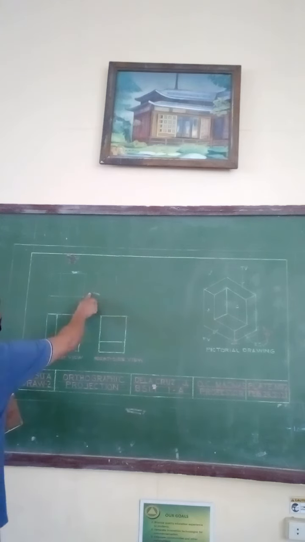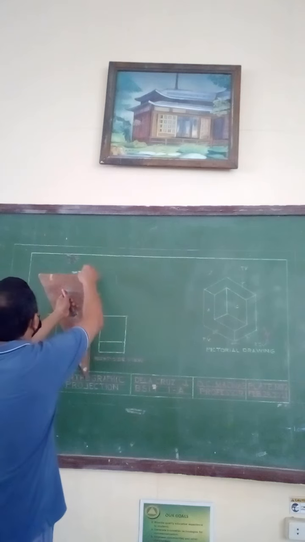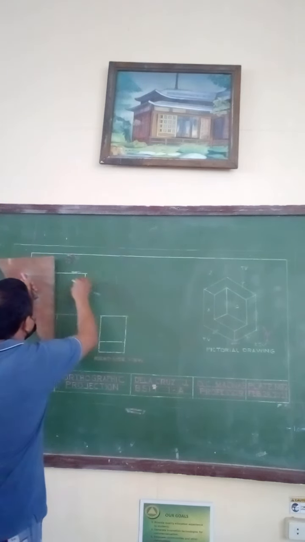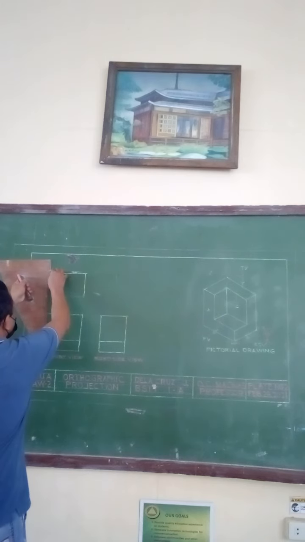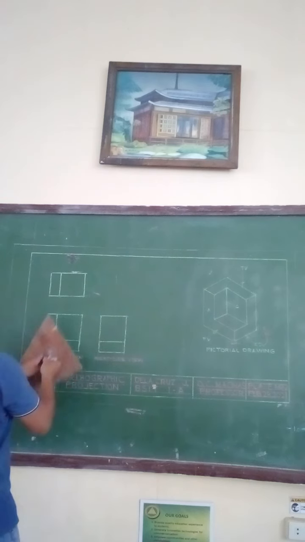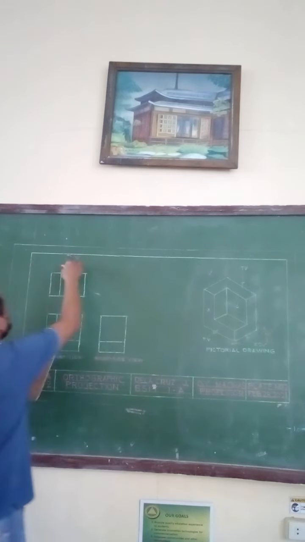Therefore, what we observe here in the layout is simply already the shape of the top view. So we finalize it by darkening the lines, and this is now the top view.